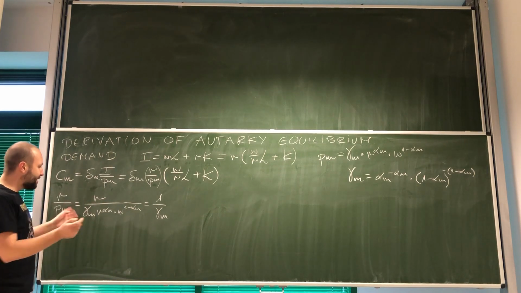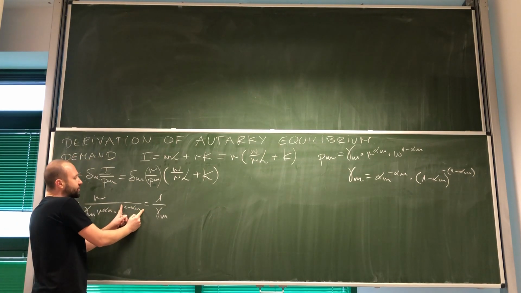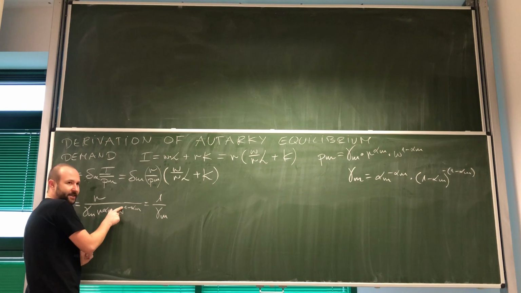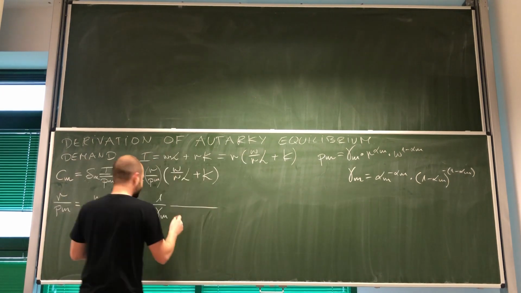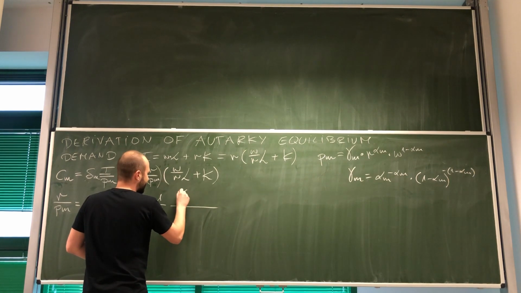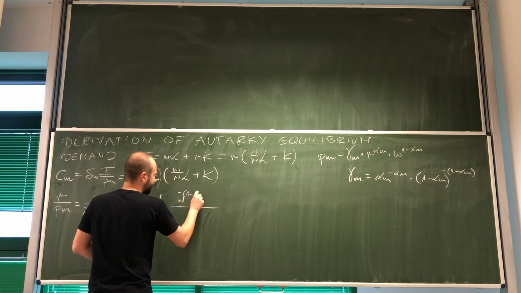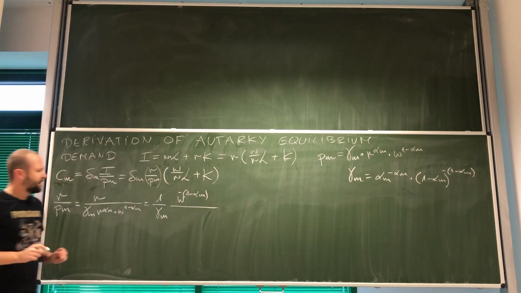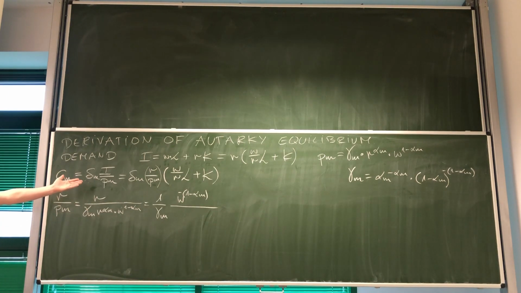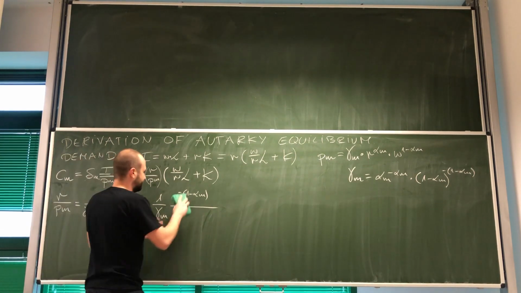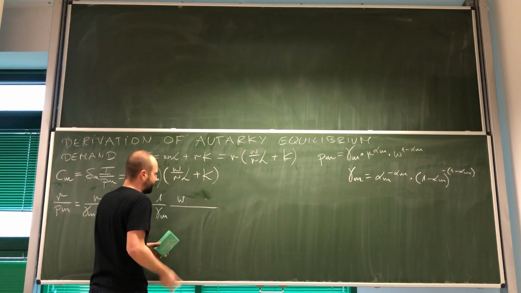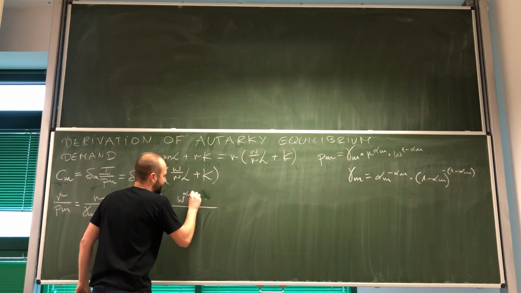So if I'm going to put wage upstairs, what do I need to do with this? I need to put a minus up front, right? So we will have here W to the power minus 1 minus alpha M. But this power is unnecessarily complicated, so why not simplify it? Because this is the same thing as W to the power alpha M minus 1.